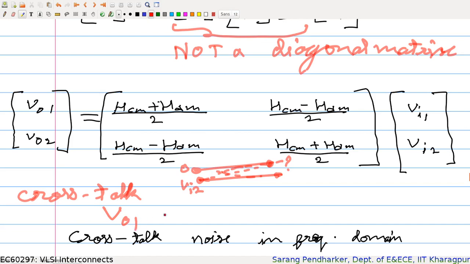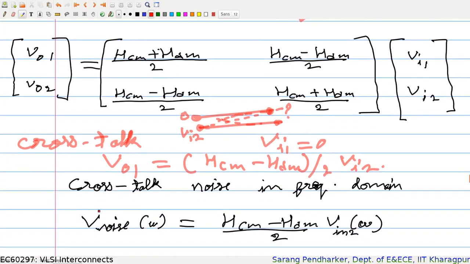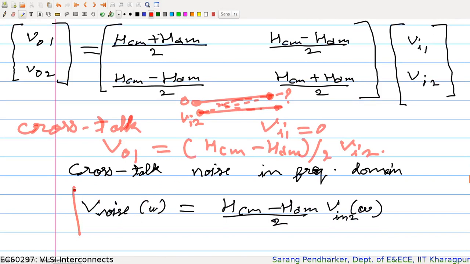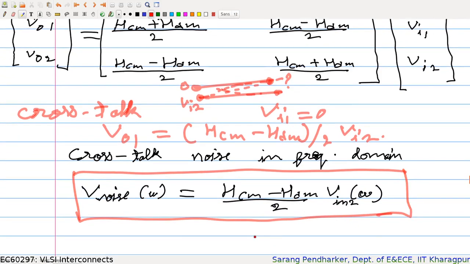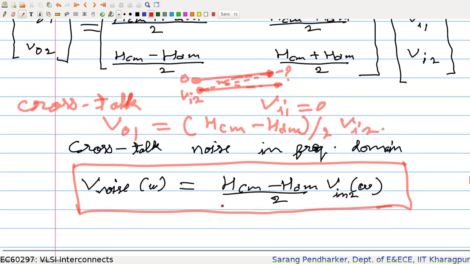So that would be V out 1, with V in 1 equal to 0. So my V out 1 is HCM minus HDM by 2 into V in, right? So on that basis, I can define my crosstalk noise, V noise of omega, as this. This also helps me characterize the crosstalk noise.